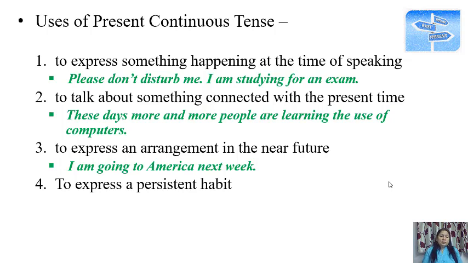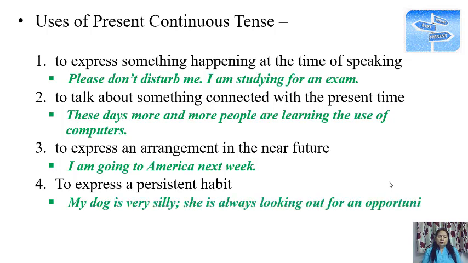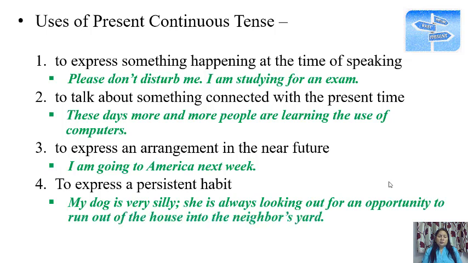Now, to express a persistent habit. For example, my brother is always irritating me. Now, it is his habit to irritate me, but I talk about it in present continuous tense. My dog is very silly. She is always looking out for an opportunity to run out of the house into the neighbor's yard.